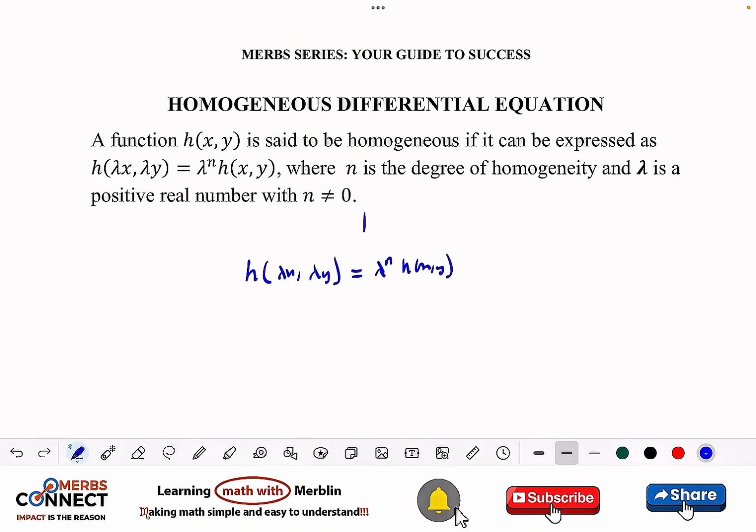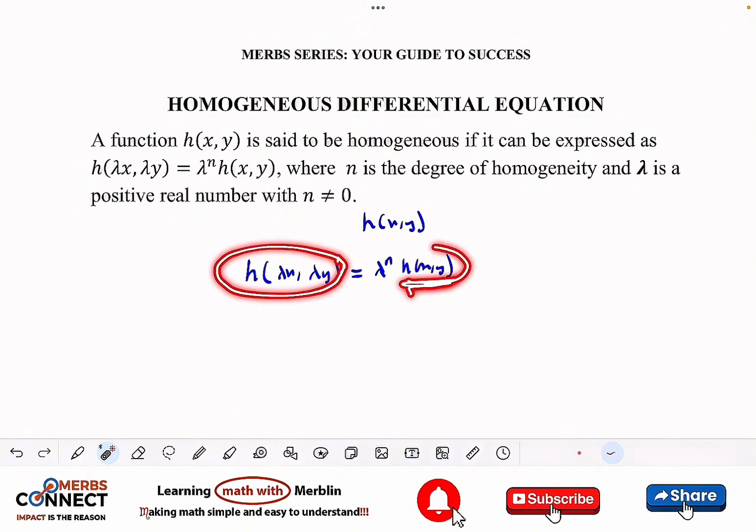So my function was h of x, y. And when I multiply x and y by lambda, I'll be able to bring lambda out and get my function back. So that is the idea.